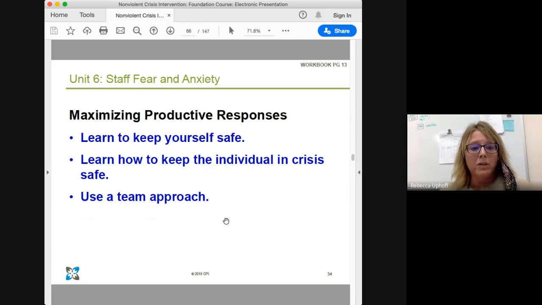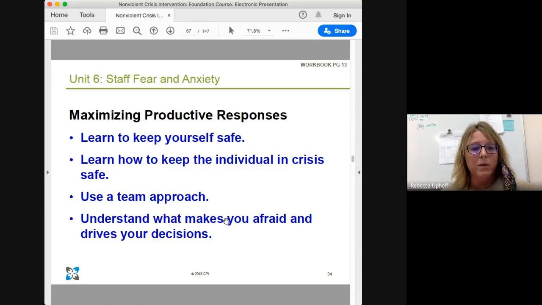What kind of approach are we going to do to keep all of our individuals safe and maintaining that care, welfare, safety, and security, which is our CPI model. And then using a team approach. So always having additional staff involved and using more of that team approach, which can reduce some of those unsafe situations.